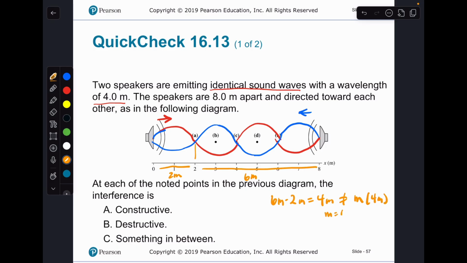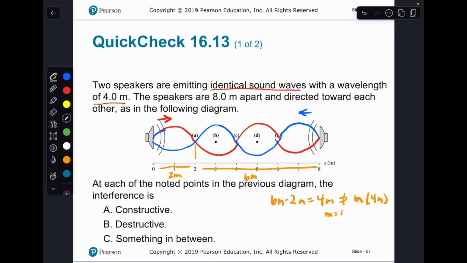The math tells us constructive, but the picture tells us destructive. And the missing piece here is that when the waves are not traveling in the same direction and they're traveling towards each other, there is an additional phase shift due to the propagation direction.